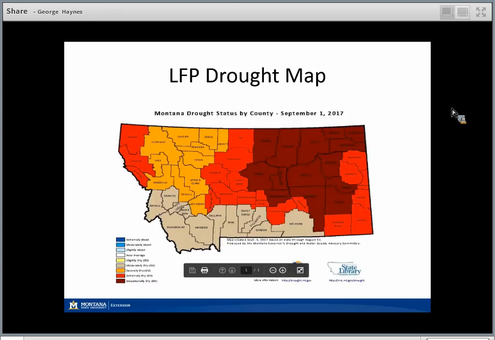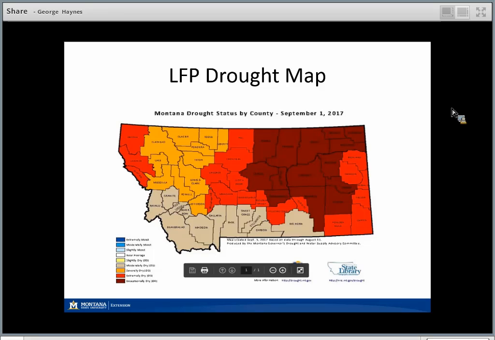Well, this is what the drought map looks like for Montana for this year. This is a remarkable story, let me tell you. We've never seen anything like this in my years. I haven't worked for Extension for a long time, but I have worked for them for the last 11 years. I've seen nothing that even closely resembles this. The very dark red is areas of Montana that are under what they call an extraordinary drought.